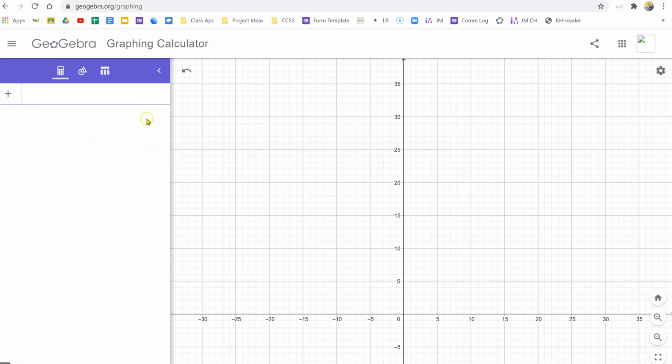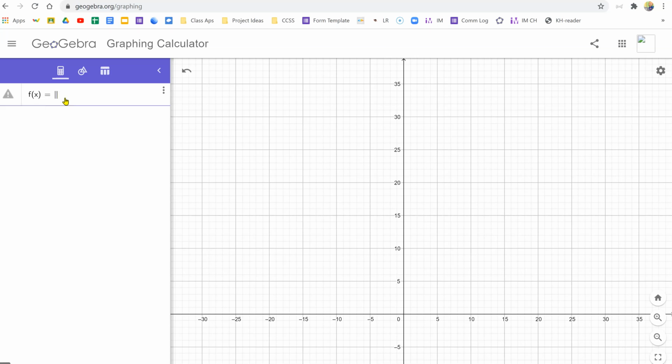So we're going to put that one function in and graph it. f of x equals, now to get absolute value with this graphing calculator, you just type in ABS, and that gives you the absolute value function.